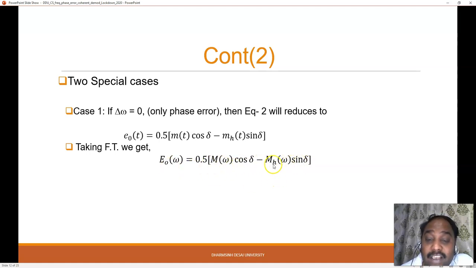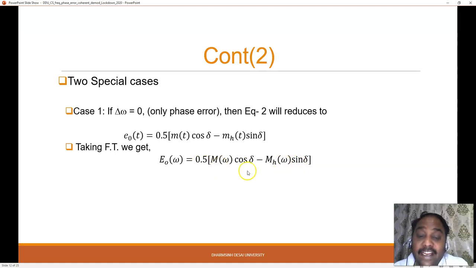Now what is m h of omega? m h of omega is nothing but minus j signum of omega times m of omega. So for omega greater than 0, it is minus j, and for omega less than 0, it is plus j. So for omega greater than 0, it will be m of omega cos delta plus j sin delta, and for omega less than 0, it is m of omega cos delta minus j sin delta.